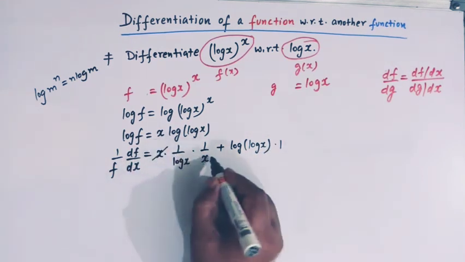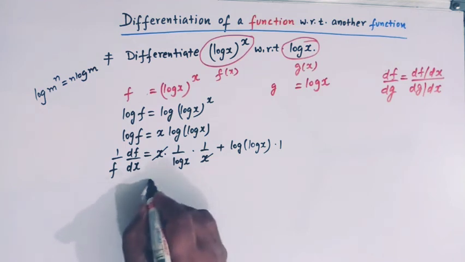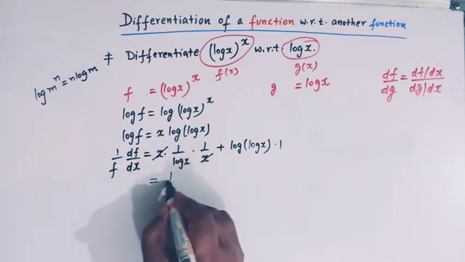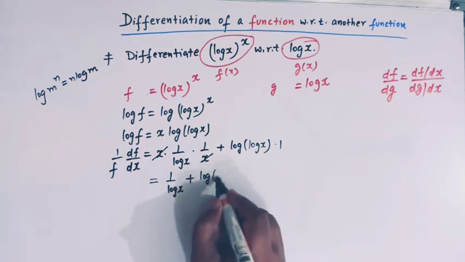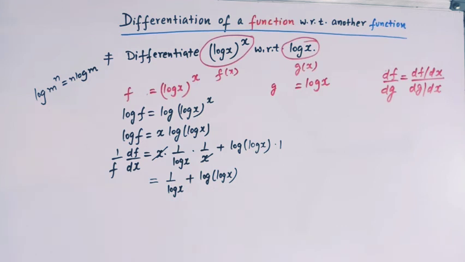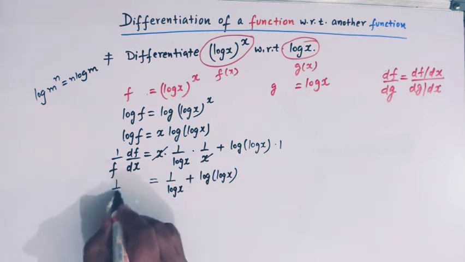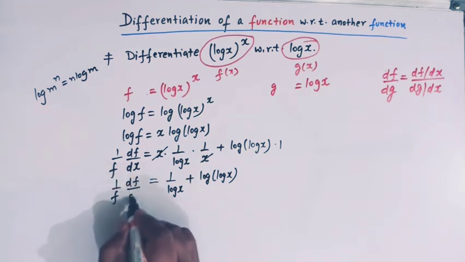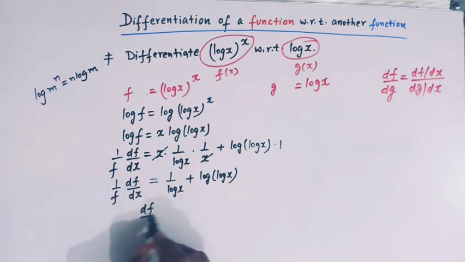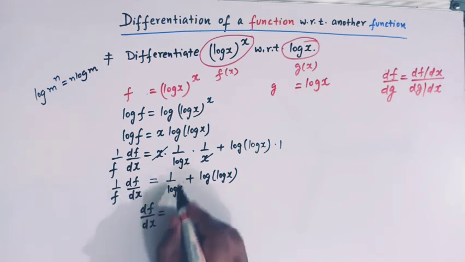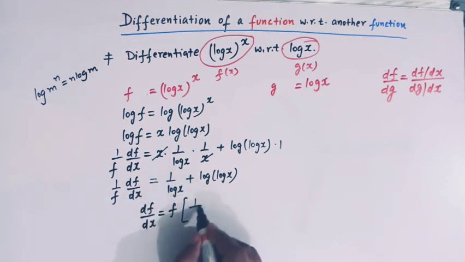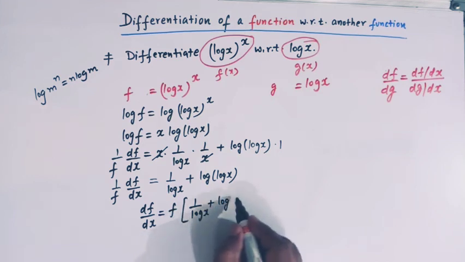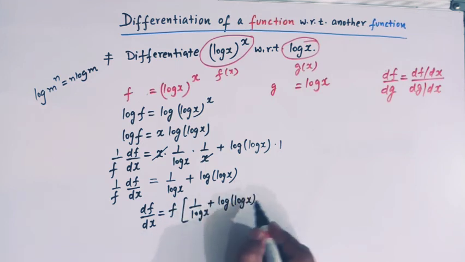So here x and x get cancelled, so we have 1 over log x plus log of log x, right? Okay, so now here we have 1 over f df over dx, and df over dx can be written as, taking f to this side, f times 1 over log x plus log of log x, right?